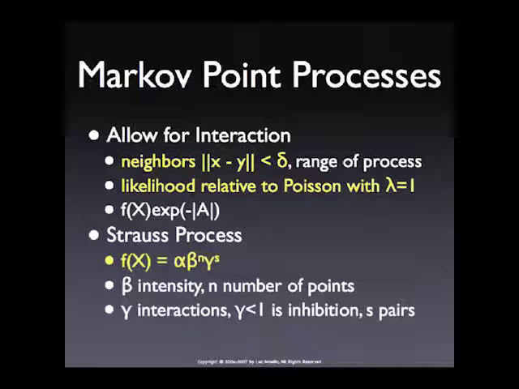Now, the power of the gamma is not S, the number of pairs of points, but a function of the area around the points with a given radius, and this is where our kernels sneak into the process and will allow us to do estimation of these processes. If you printed out the notes, there's a typo in it, but it's fixed in the slides. This is not lambda, but gamma. For gamma equal to 1, we can forget about this term, so we have simple intensity. If gamma is less than 1, we have inhibition. If it's larger than 1, we have clustering or aggregated patterns.